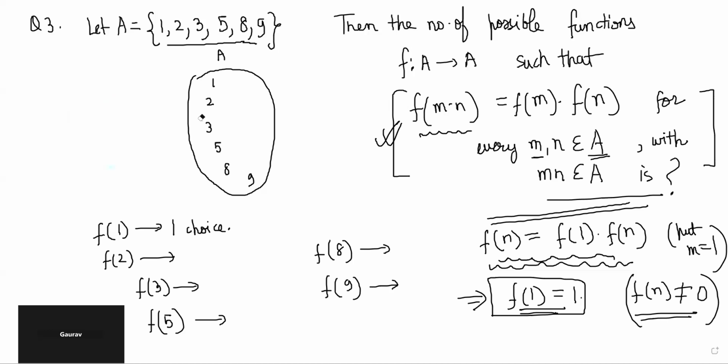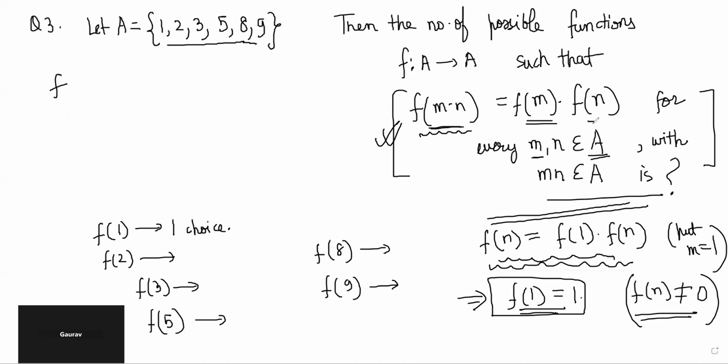What can we say about f of 2? If in this condition we put m as 2 and n as 1, we are going to get f of 2 times f of 1. We already know f of 1 is 1.